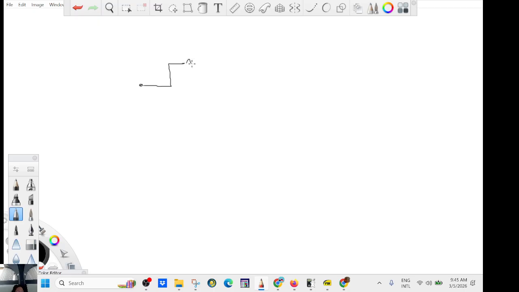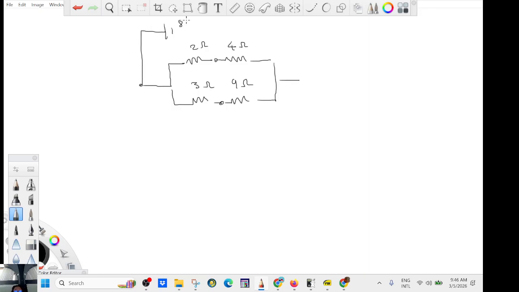Let's say you have a parallel circuit here. So you have a 2 ohm. This one is from the practice test. Power supply 8 volt.